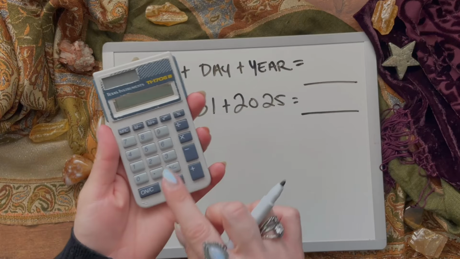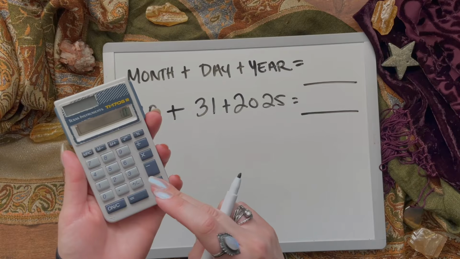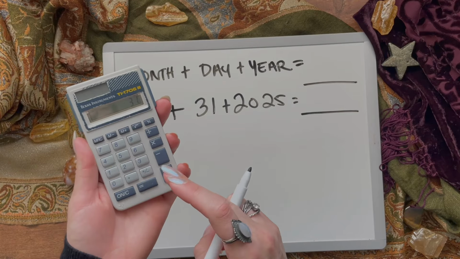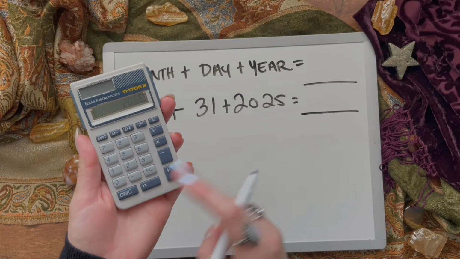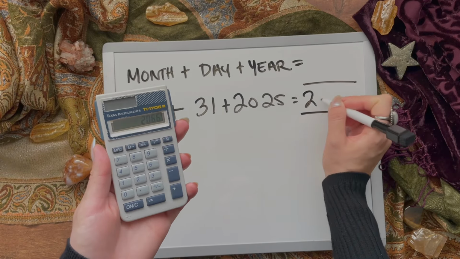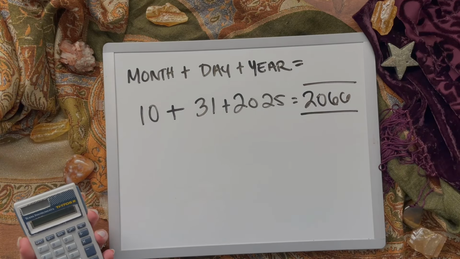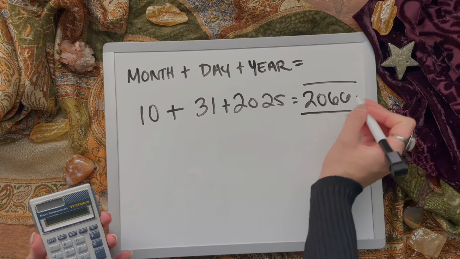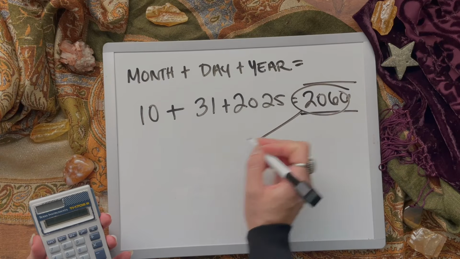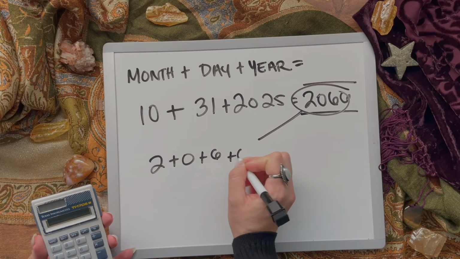Okay, so get my little calculator going here. We're gonna go 10 plus 31 plus 2025, and this gives us 2066. So obviously, this is not a tarot card number. So what you're gonna do now is take these numbers and add them all together: 2 plus 0 plus 6 plus 6.